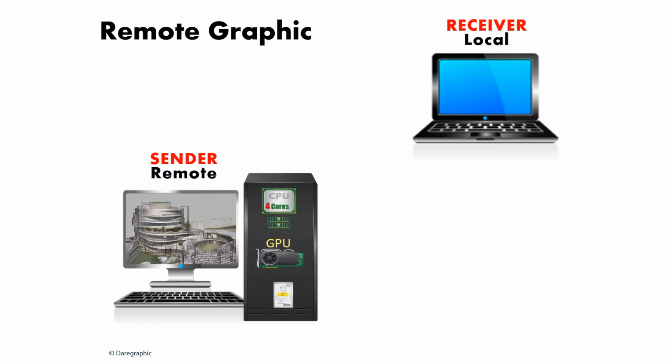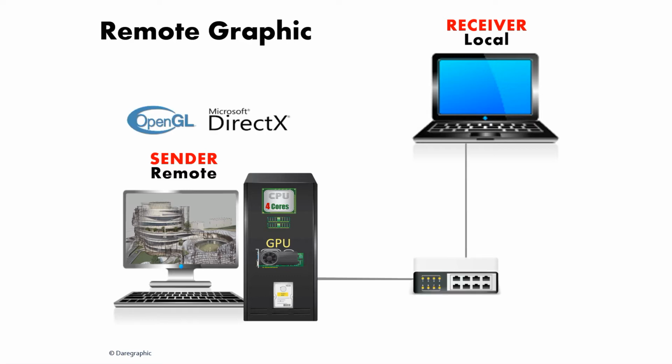So remote graphic in a remote workstation is very similar to what we've been seeing already, which is a sender, a piece of software or eventually a piece of hardware, that will encode the image and the audio and send that to a receiver in a sender-receiver function.